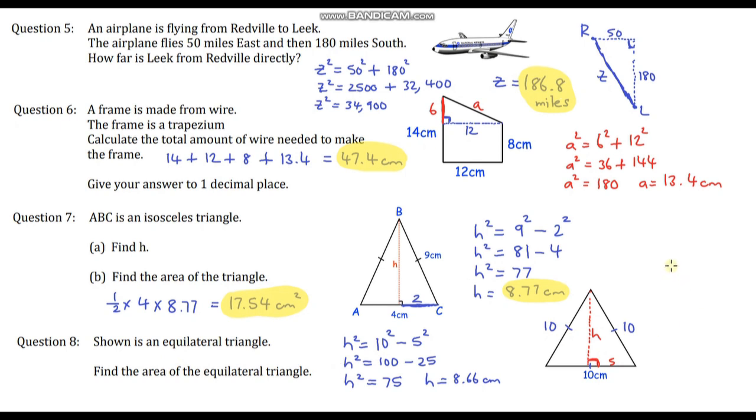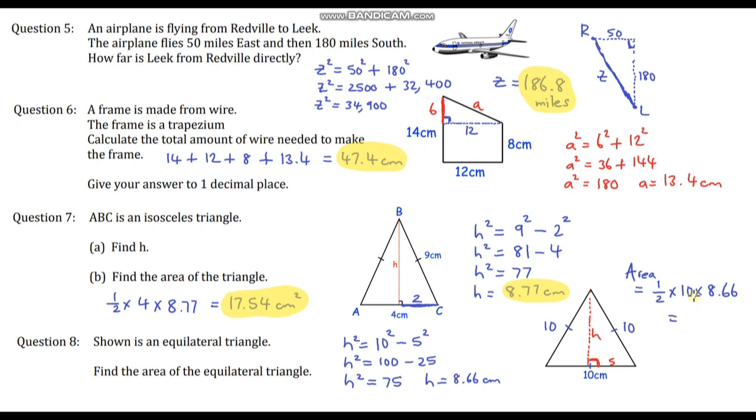So I'm just going to do it up here, just because I've got a bit more real estate over here. So the area is going to be equal to a half base times height. So a half times the base. And again, the base is 10, not 5. A half times 10 times the height, which is, oh, it's down here, 8.66. Let me put that into the calculator.